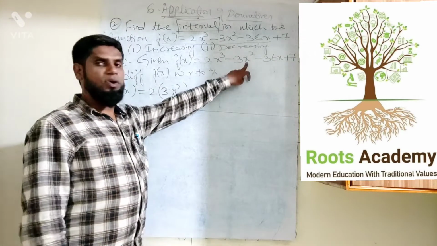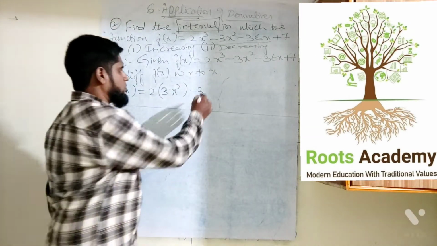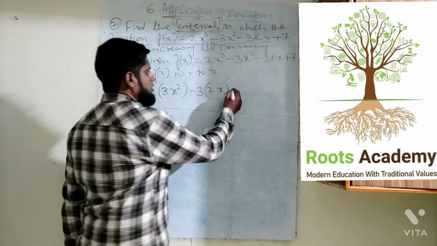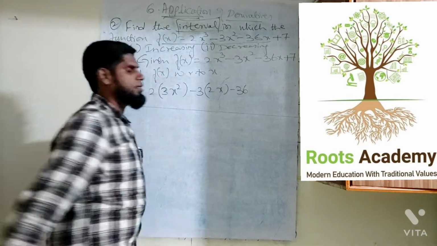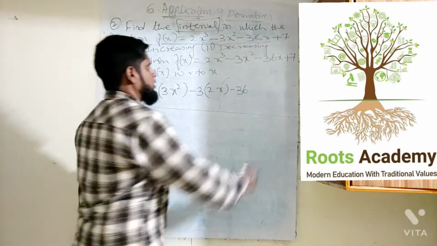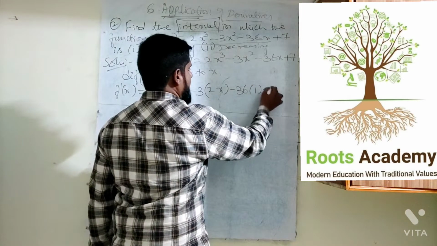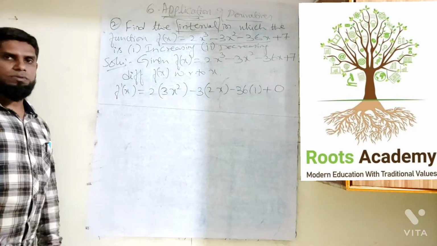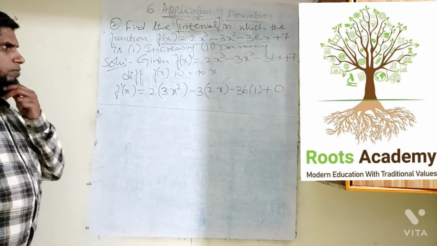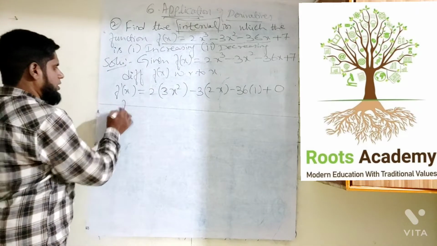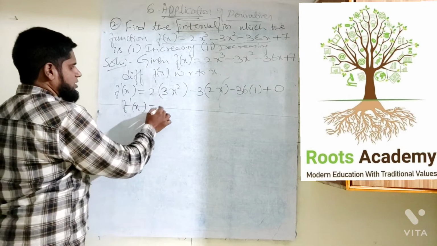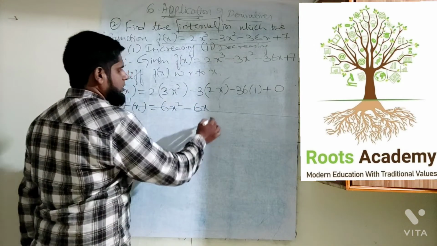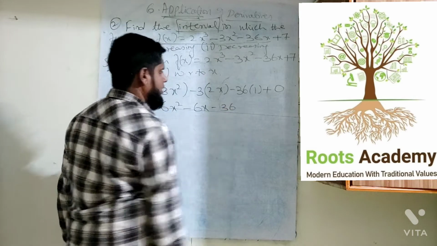The next is derivative of x square is 2x, minus 36 is a coefficient as it is. Derivative of x is 1, plus derivative of any constant is 0. So finally, our f dash of x is equal to 6x square minus 6x minus 36.